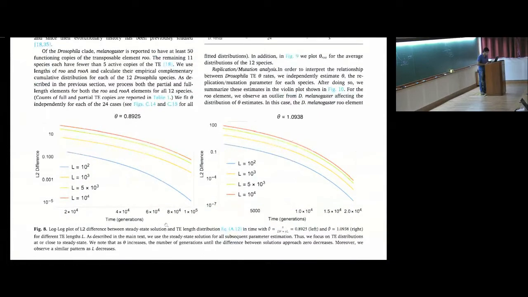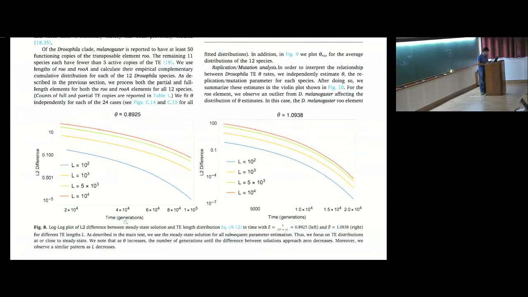Here the x-axis is time in terms of generations, and here there is no data. They are looking at different components here and trying to see how those different curves look.